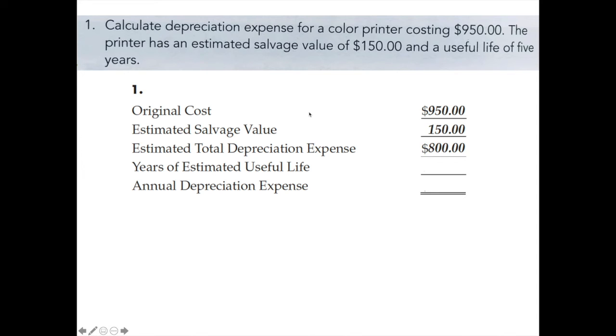So we take $950 minus $150, and so we figure it's going to depreciate $800 over the course of its useful life. Well, what is its useful life? Up here it says it's 5 years. So we're going to take the $800 divided by the 5 years, and we will find out that this color printer is going to depreciate or go down in value by $160 every year.